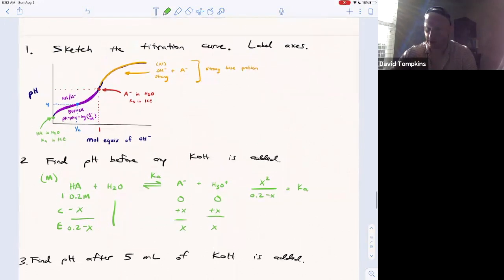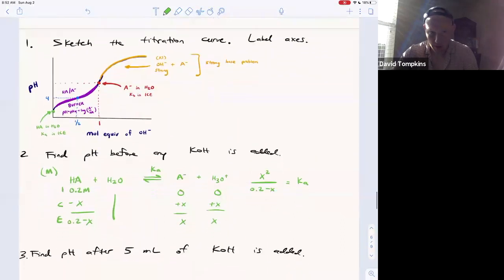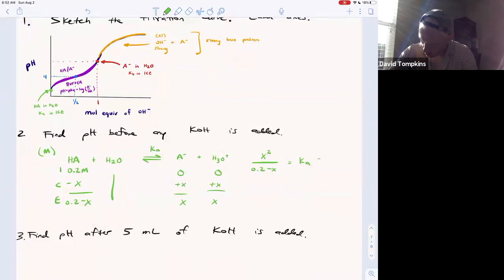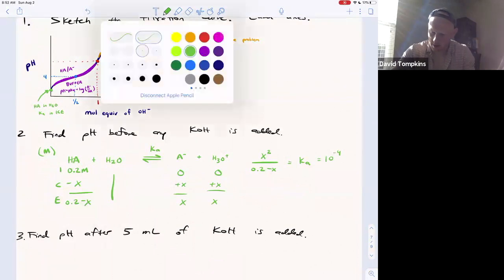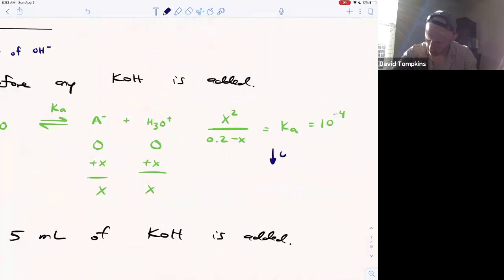And we were told in the information above that pKa was 4. So to get the Ka, it will be 10 to the negative pKa, or 10 to the negative 4. Just doing the anti-log there. So now to solve this, you can do the quadratic. That's the safest way to do so.